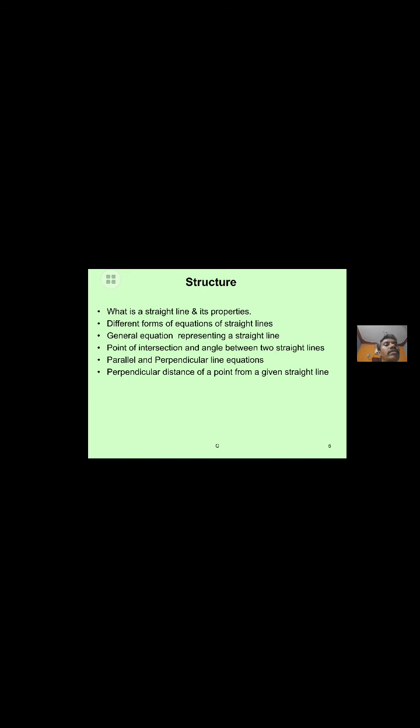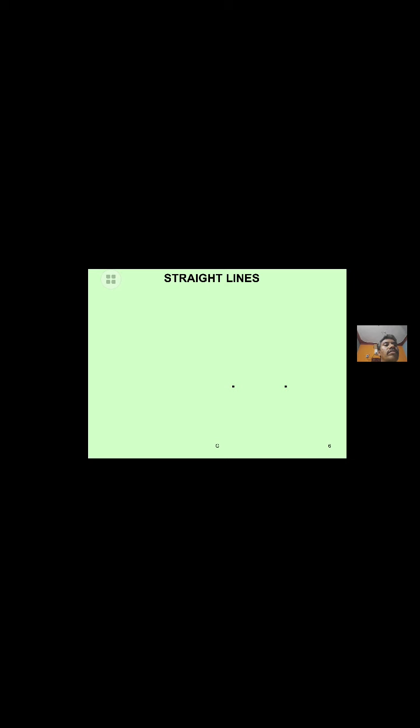Perpendicular distance of a point from a given straight line. Distance between two parallel lines. And summary. Quiz. So today in this class we will discuss in this order. So here I am giving a structure. Now come to the point, our chapter name, straight lines.